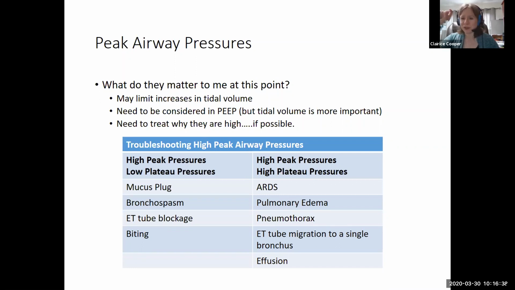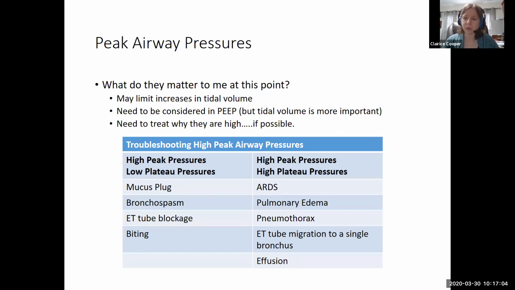Now the plateau pressure doesn't show up in the top right of the screen on the ventilator, and so we look at peak airway pressures more frequently than we look at peak plateau pressures, but we want to keep those plateau pressures 30 or less, if at all possible, which means we want our peak airway pressures ideally to be less than the low 30s.